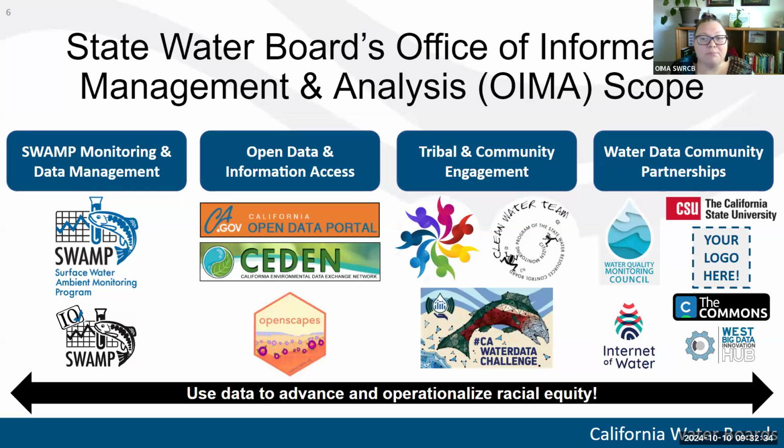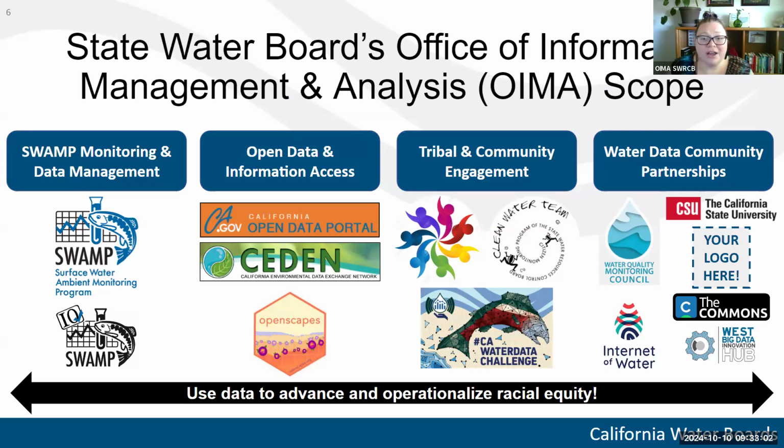has a few different broad categories in its scope. We generate and manage our own data through our statewide surface water ambient monitoring programs, or SWAMP, that I'm going to talk a lot more about here in a minute. We support the rest of the organization with making data and information open and accessible to the public. And we have a number of tribal and community engagement efforts that have a nexus with water data topics.